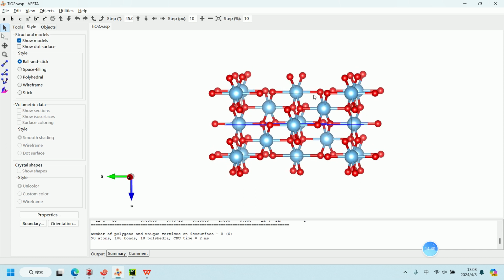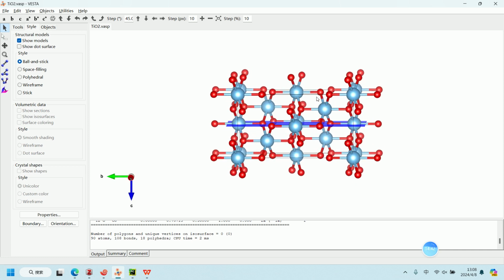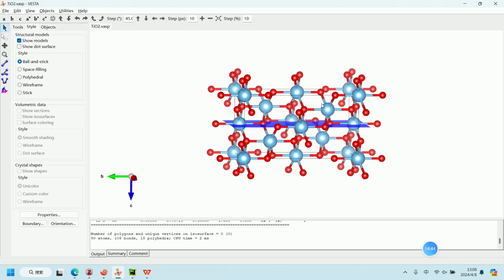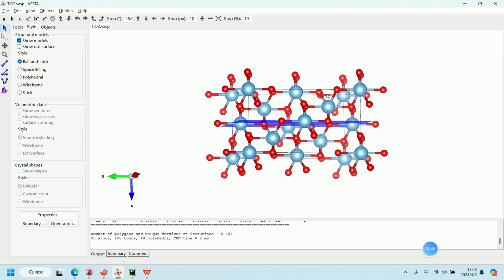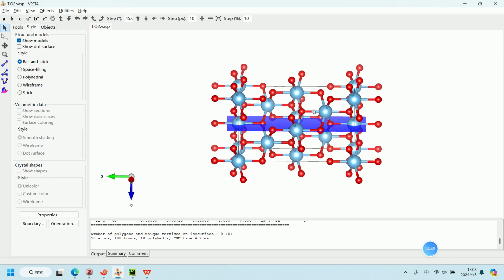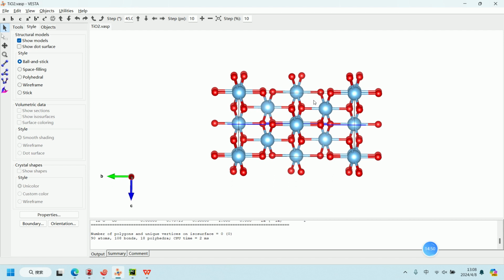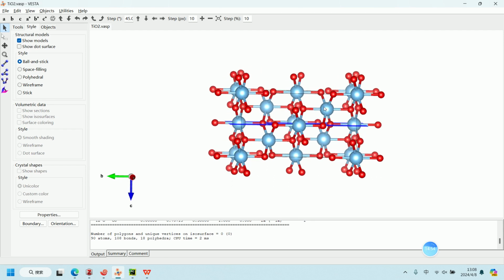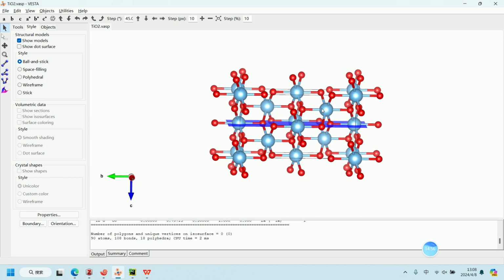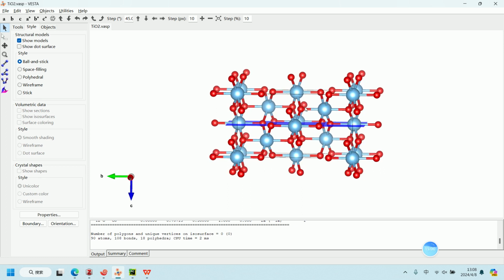That is to say we have successfully constructed a slab. Actually, it is not a slab yet because we haven't added a vacuum space on it. So we need to add a vacuum space.